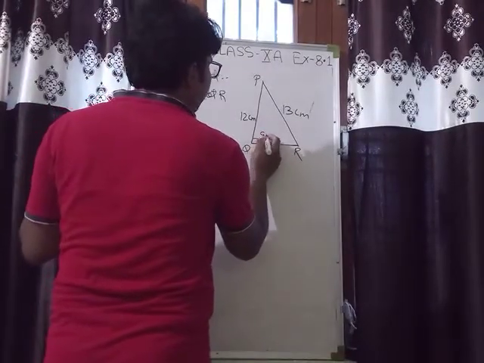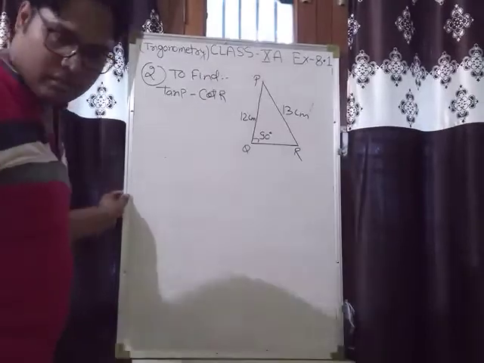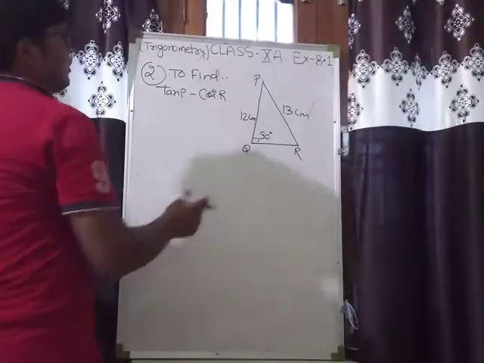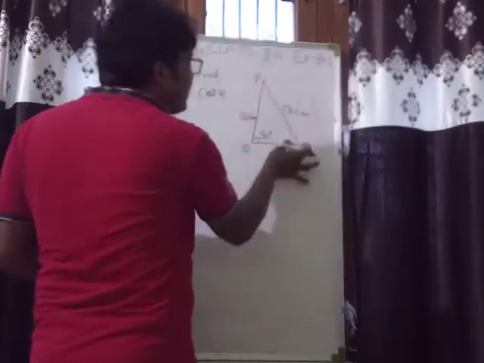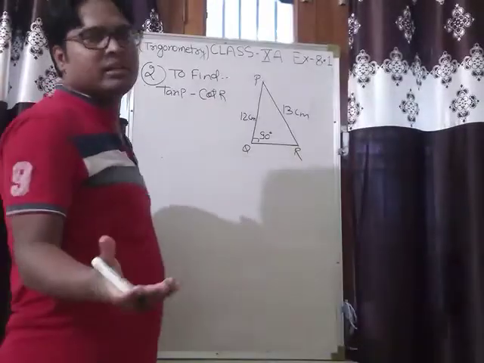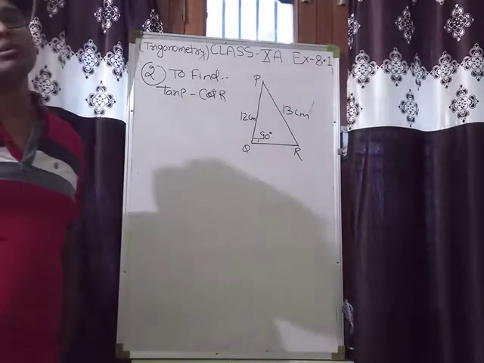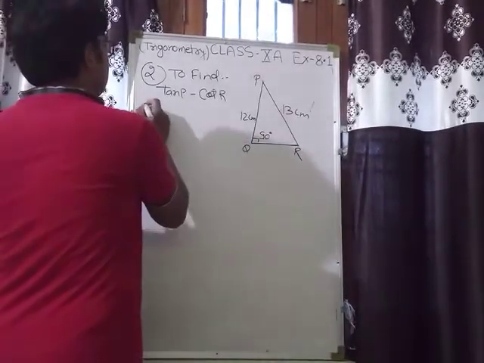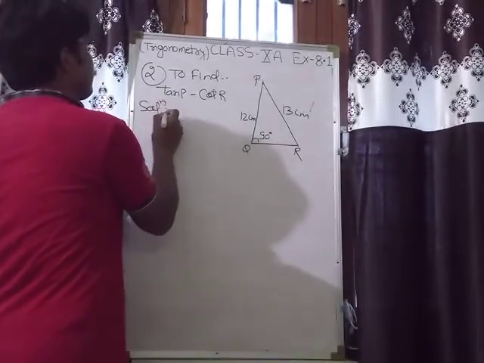This is a right angle at Q. Now you can see this PQ is given, PR is given, we have to find out QR. And it is very clear that it will be found out by using Pythagoras theorem. So see its solution.